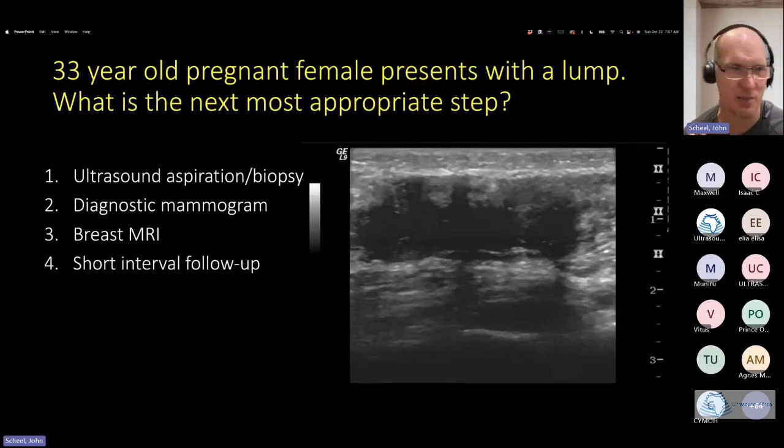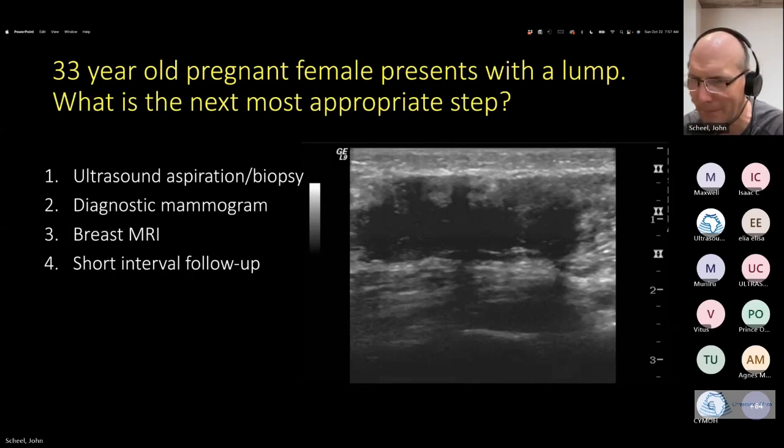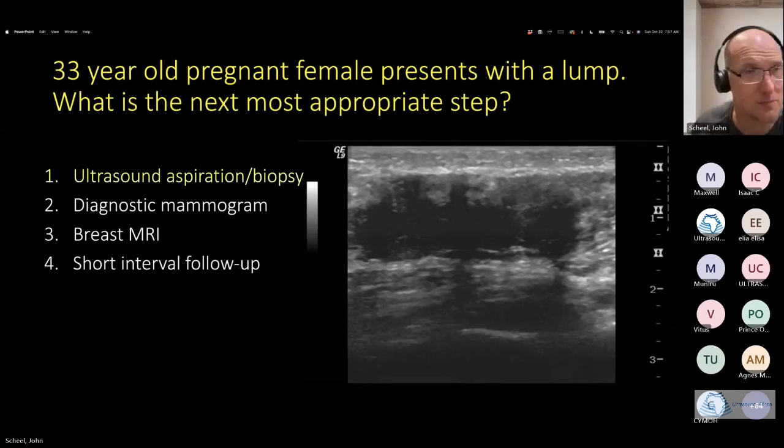All right, here's another mass. Pregnant woman presents with a lump. What's the next most appropriate step? Biopsy, mammogram, MRI, or follow-up? Biopsy.